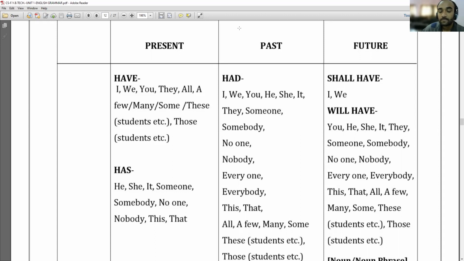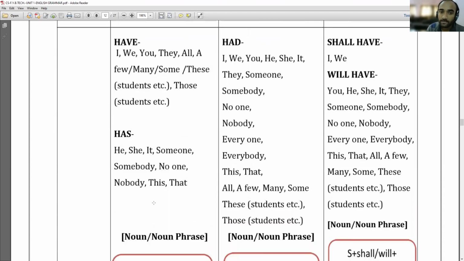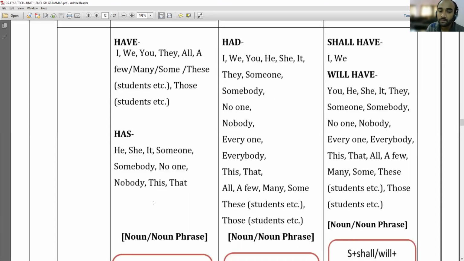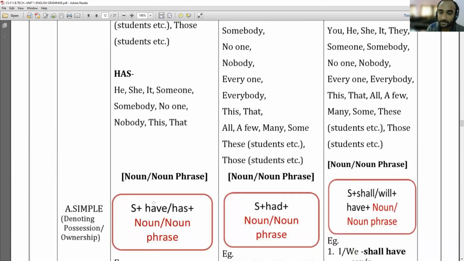Okay, then someone, somebody, no one, nobody. So this is the present primary auxiliary verbs, have or has, for showing the possession in the present.